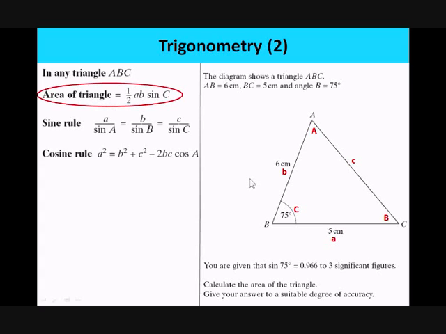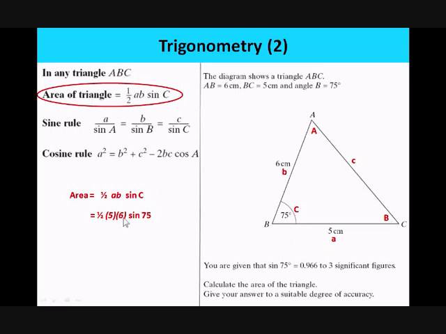So using that formula, area is a half ab sine C. So a is this side of 5 centimeters, b is this side of 6 centimeters, and C is this angle of 75 degrees. We can put all that information in.